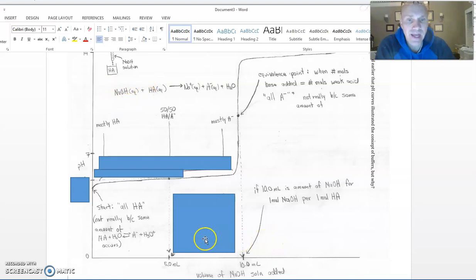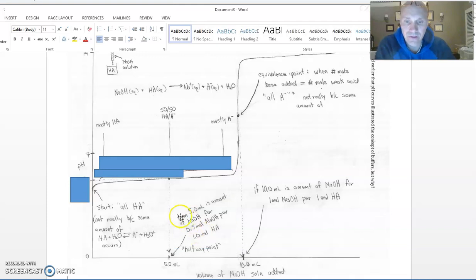Then we would need to add half of that amount in order for there to be a 0.5-to-1 ratio of this reaction to occur. So if this is the amount required for 1-to-1, then half that volume is what's necessary for 0.5 mole of NaOH per 1 mole of your weak acid. And that point is called the halfway point. That's when we're halfway to fully completing this reaction right here.